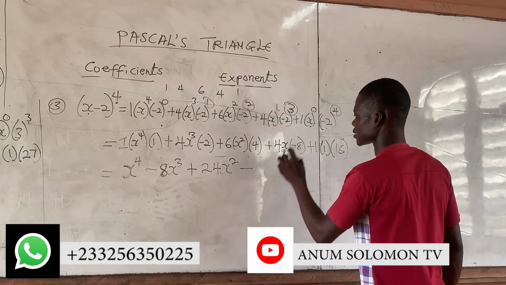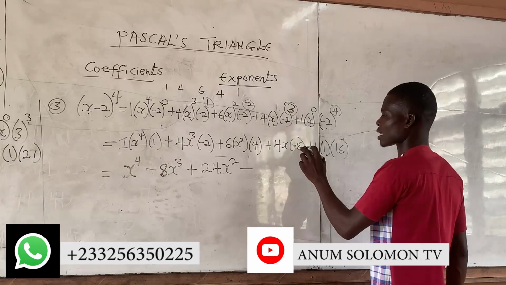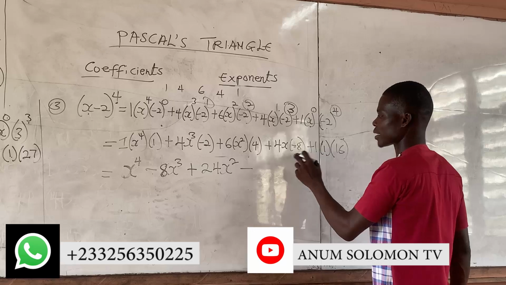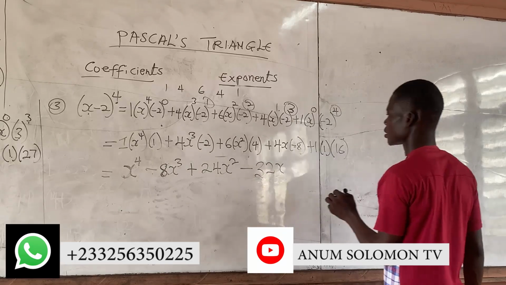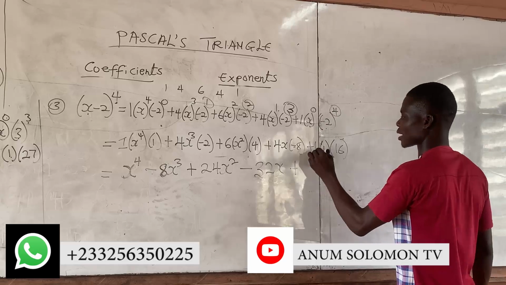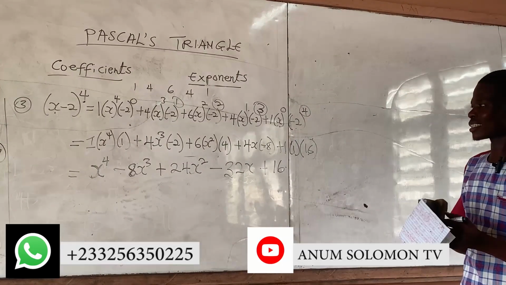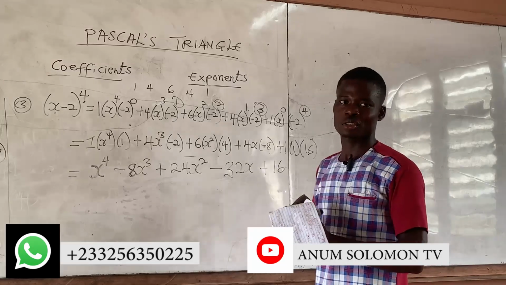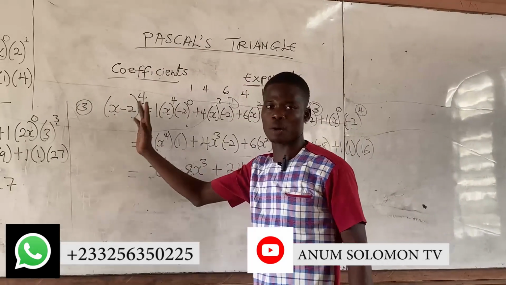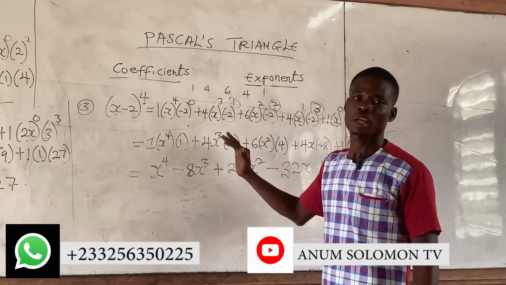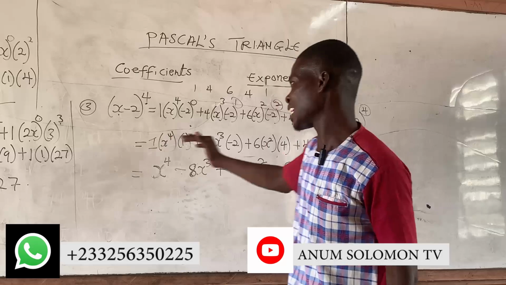So minus 4 times 8, 4 times negative 8 is minus 32x, plus 1 times 1 times 16. So this is our final result from the expansion of (x − 2) all to the power 4 using Pascal's triangle. So this is how to expand it.